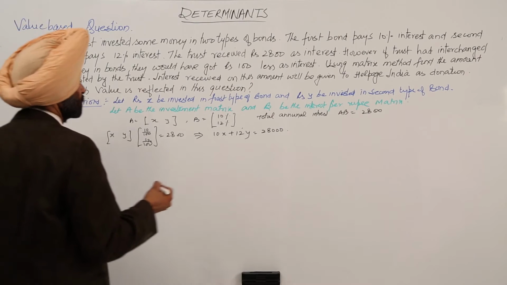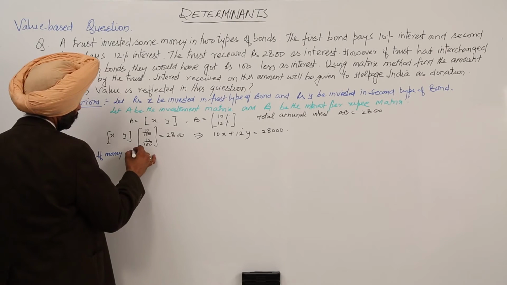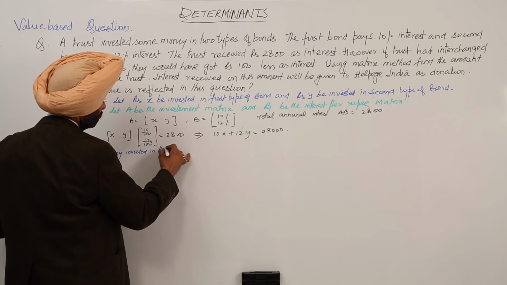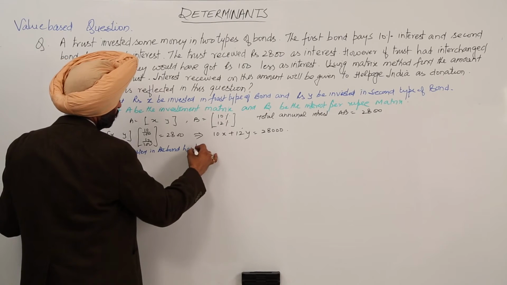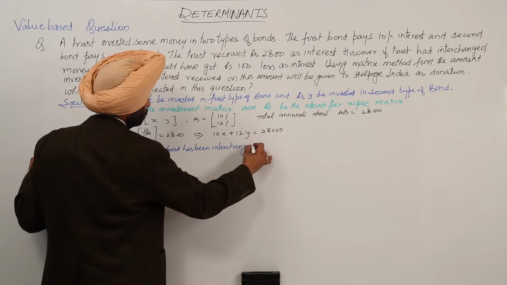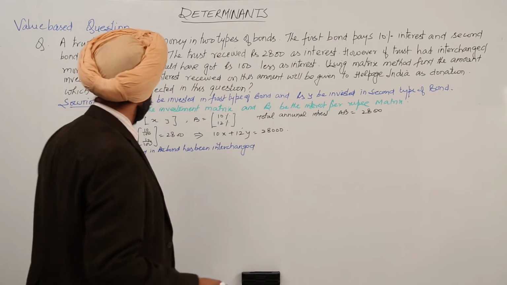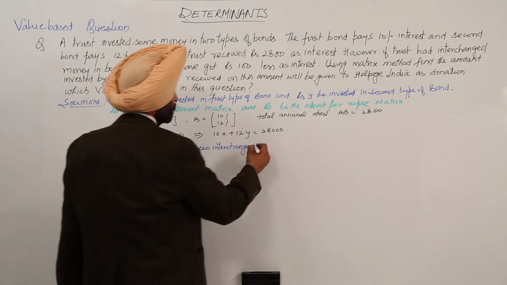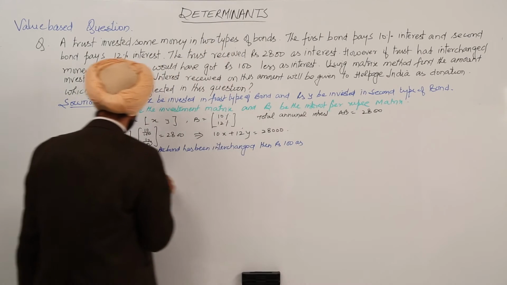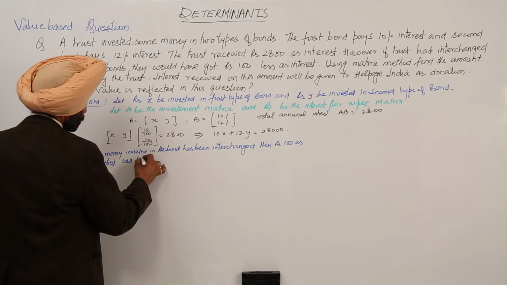If money invested in the bonds had been interchanged, they would have got rupees 100 as interest less, so rupees 100 less interest will be received.